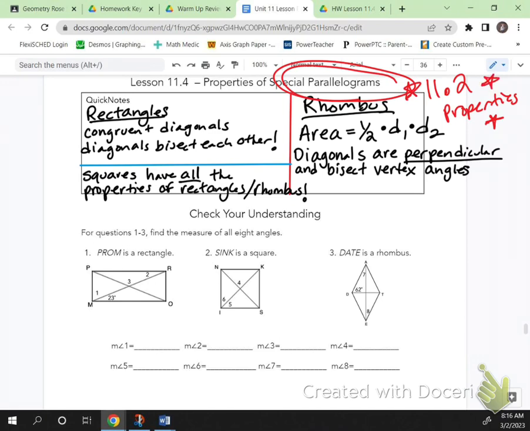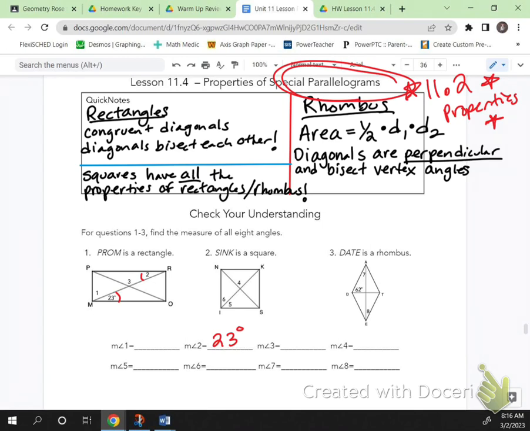Remember, you've got all those properties of parallelograms because these are just special parallelograms. So in number 1, angle 2 should be 23 because it's AIA. It's alternate interior angles.